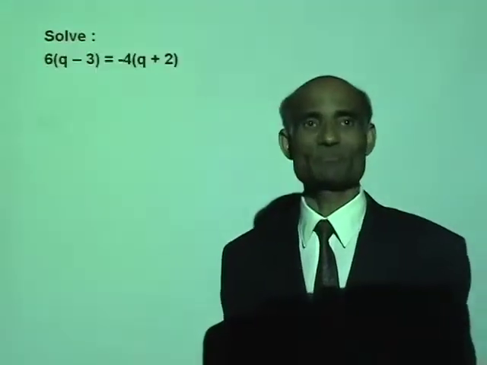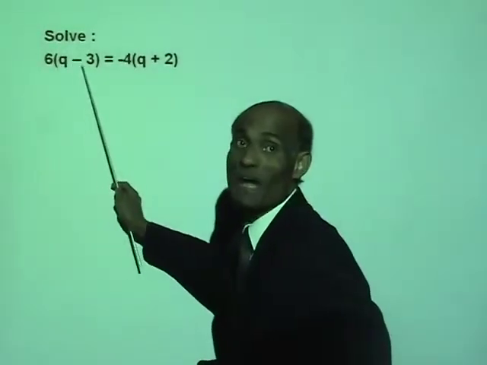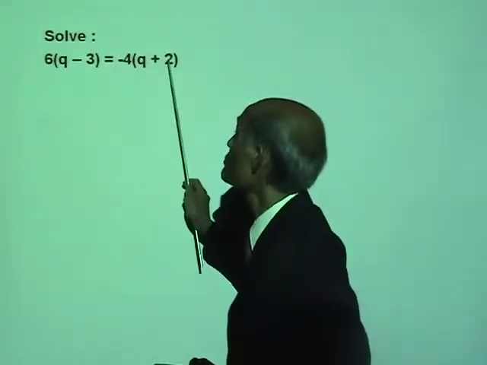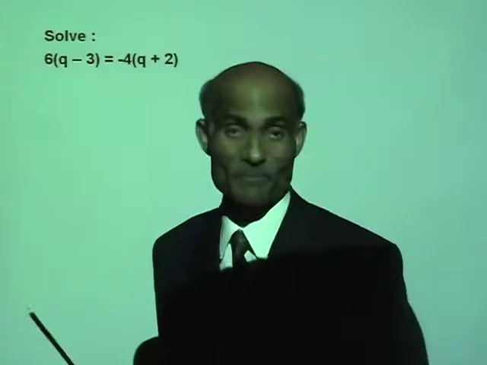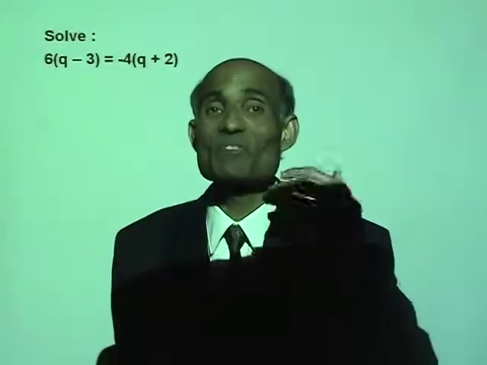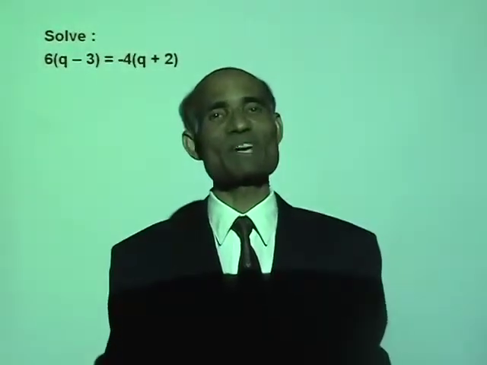Okay, another one. Solve 6 times q minus 3 equal to negative 4 times q plus 2. Now, what is the first step that I gave you in the sequence that you can follow in solving simple equations?